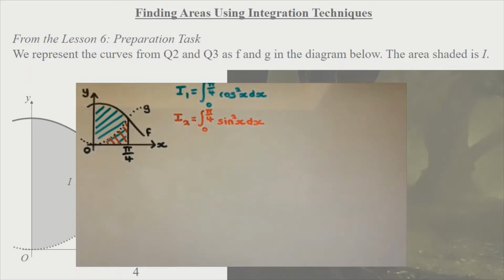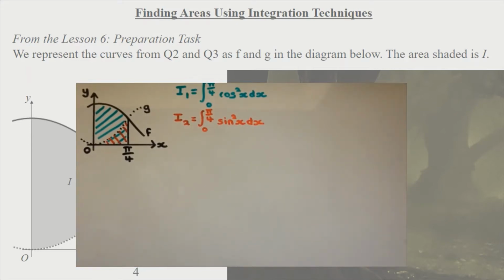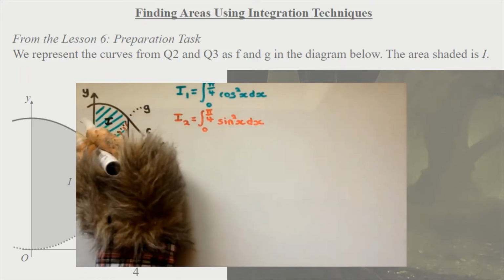There we go. What we're also given in the preparation task is an integral that we have to evaluate called I. I was an integral from 0 to pi over 4, but I was cos 2x. And as you know from the diagram in the notes, I is the area between the two curves. This area here, in fact. So I'll just go over this.